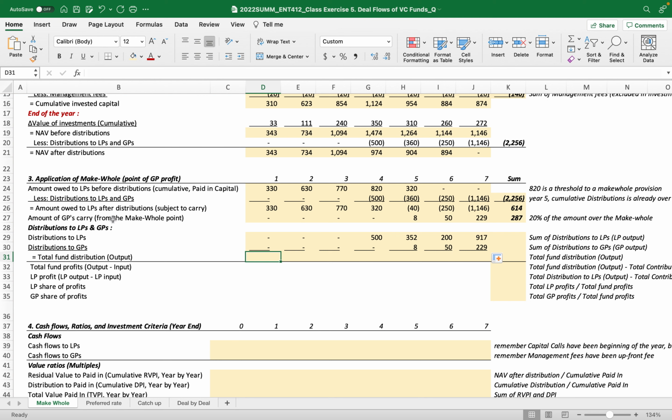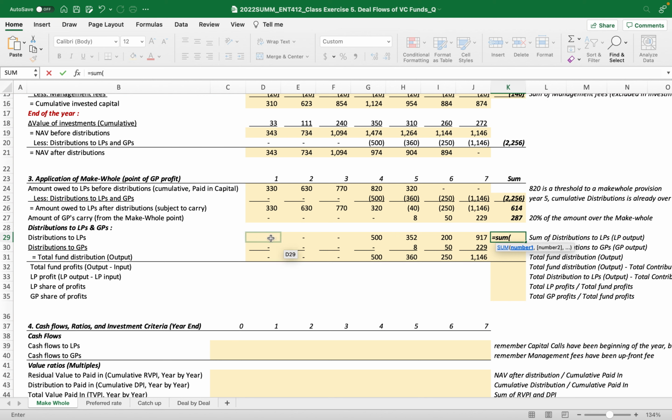We want to identify if the total distribution is the same as what we calculated here, 2,256. Here, the sum of these two. Now let's drag to the right. So it must be the same as this distribution to LPs and GPs, right? But we identify how we distributed this amount in this section. So let's just make sure.